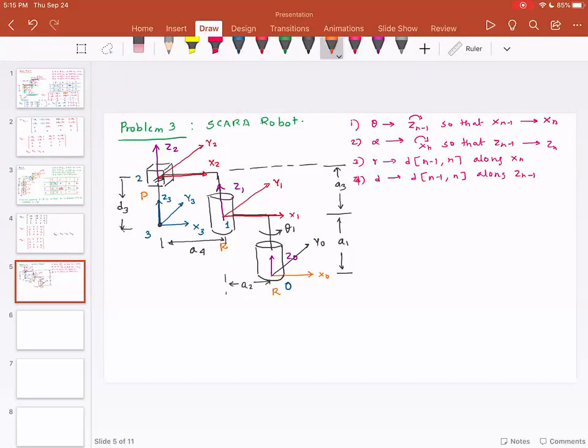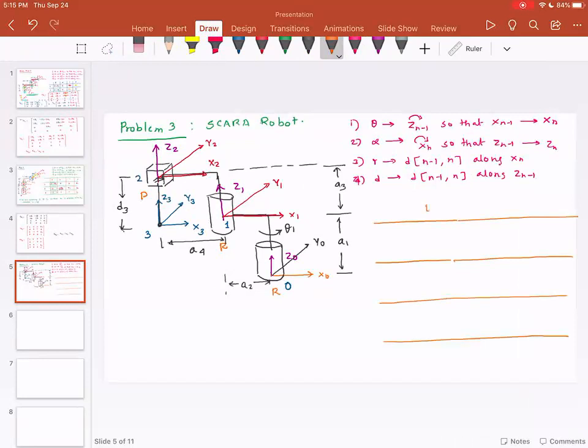And now I'm going to draw the table. You're going to have theta, alpha, R, and D. So joint 1: theta, you have to look at Zn minus 1, which is Z0, so that X0 and X1 are aligned.